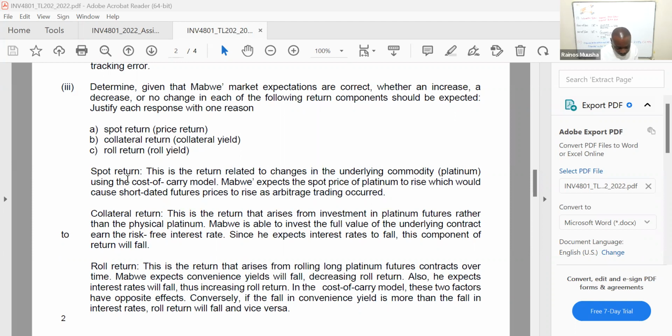Mabwe expects the spot price of platinum to rise, which would cause short-dated futures prices to rise as arbitrage trading occurred. With the cost of carry model, we're basically saying that you're buying at a lower price with the intention to sell at a higher price at some point in the future. So you're buying a security which is undervalued today, so that in the future you're able to sell it at a higher price.